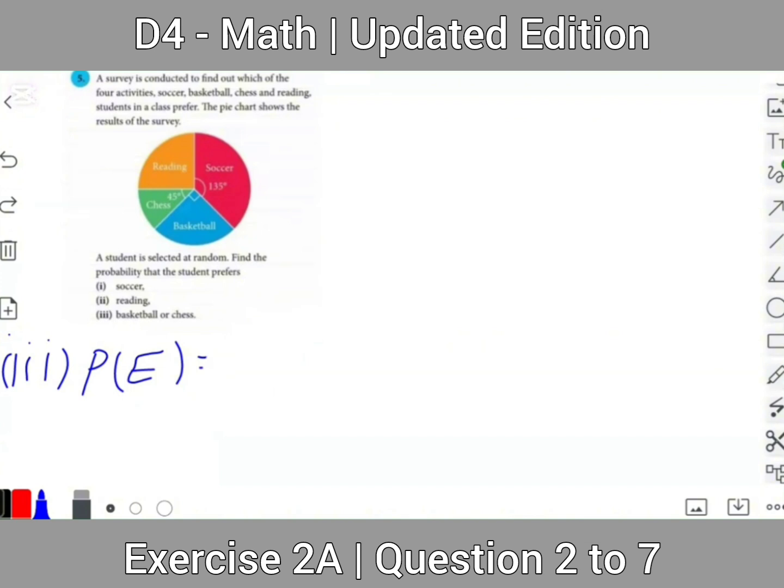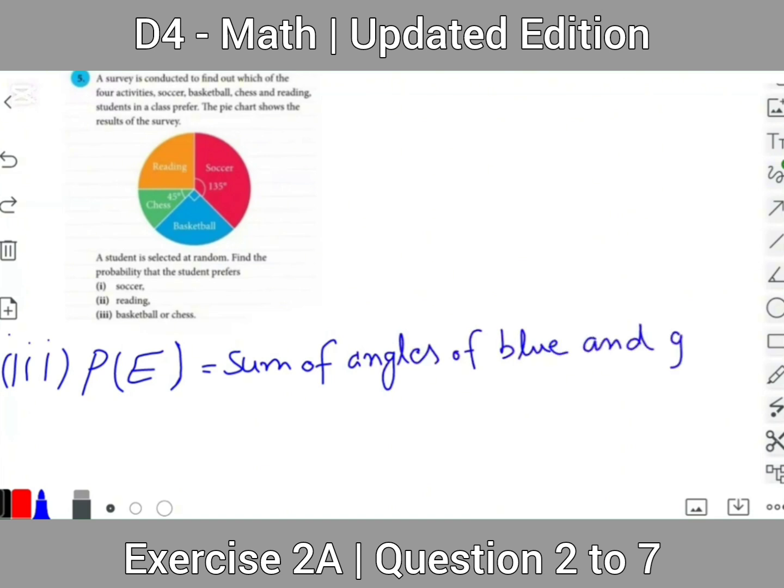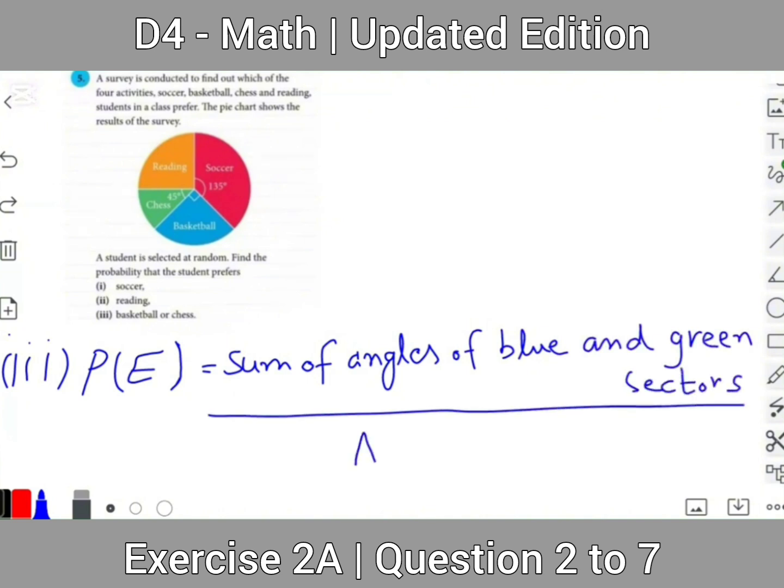Now the probability of E will be equal to the sum of angles of the blue and green sectors divided by the angle of the circle.